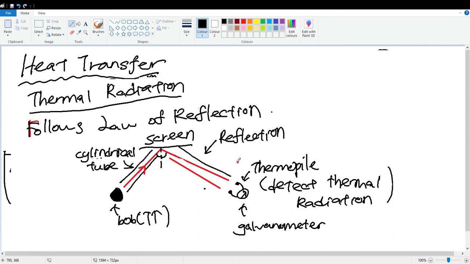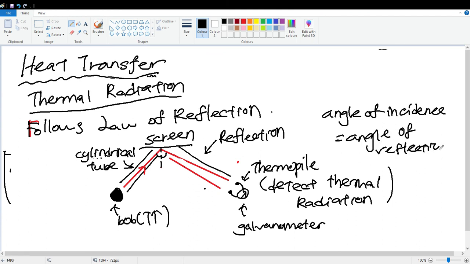So when the thermopile detects the maximum thermal radiation, it means that the angle of incidence is actually equal to the angle of reflection.